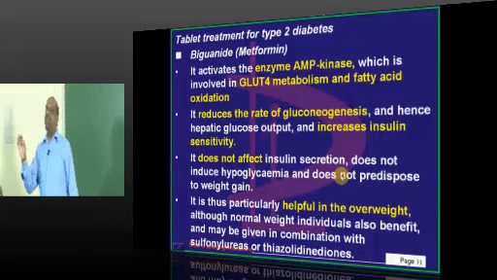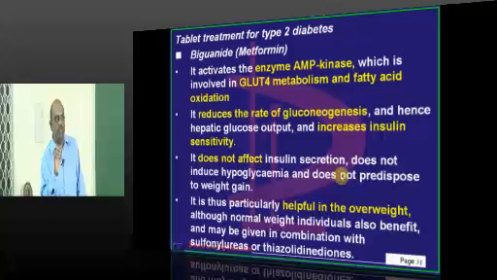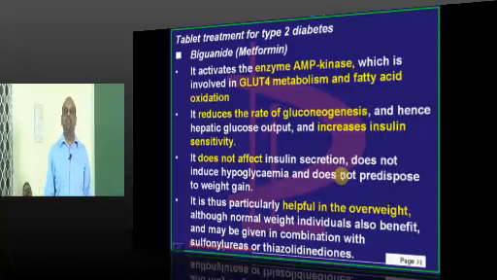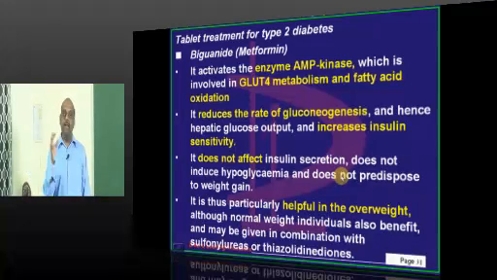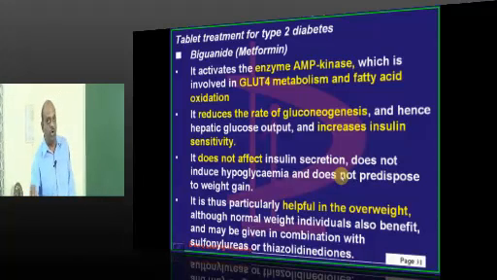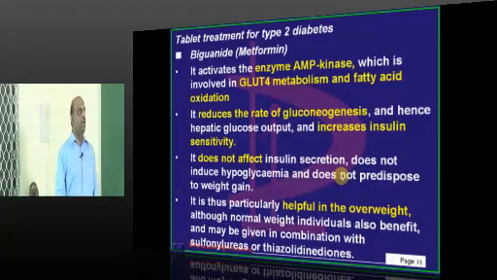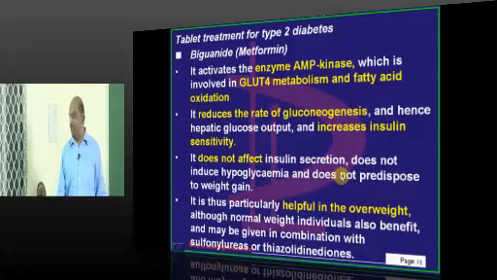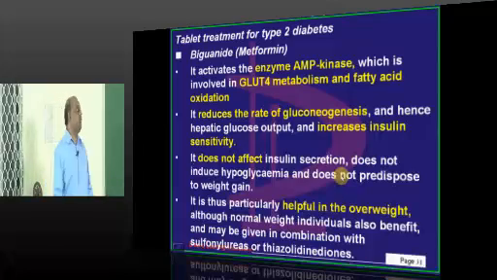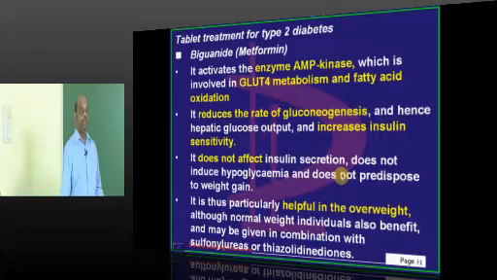And any drug that increases the insulin secretion will lead to weight gain. Why? Insulin is a lipogenic hormone. That's the reason any drug which increases insulin secretion, called a secretagogue of insulin, will lead to weight gain. That is never a problem with metformin.